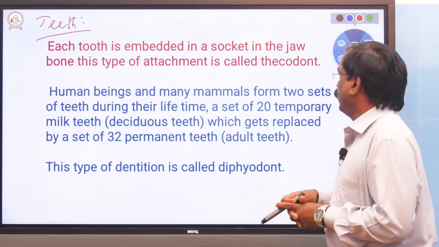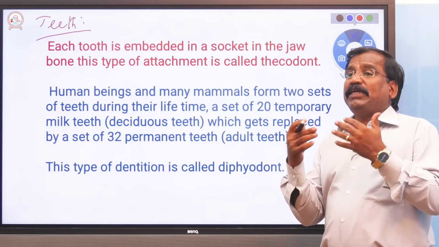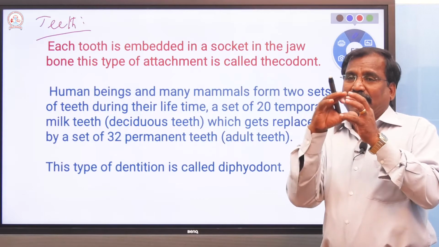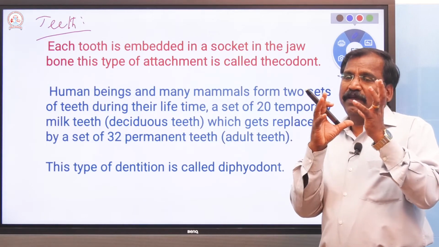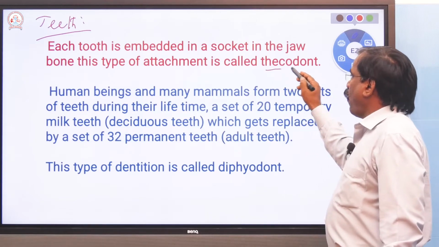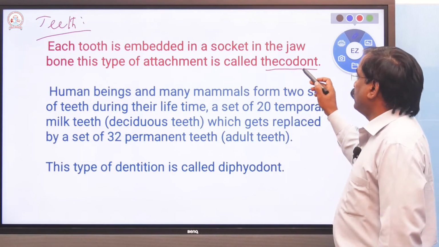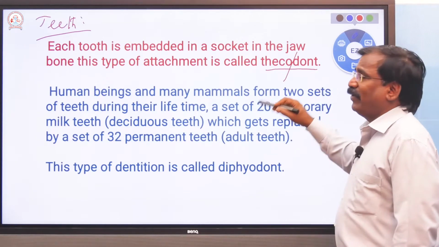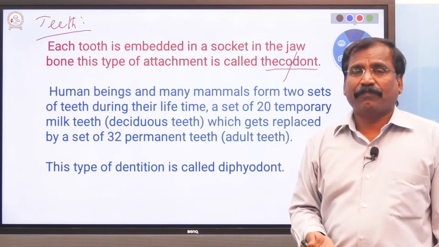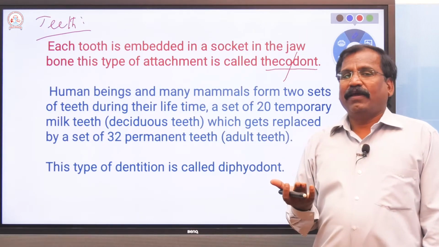Our human teeth, that dentition, that arrangement, is called thecodont. Thecodont. Don means dentition, a word related to teeth, like cardio means heart.